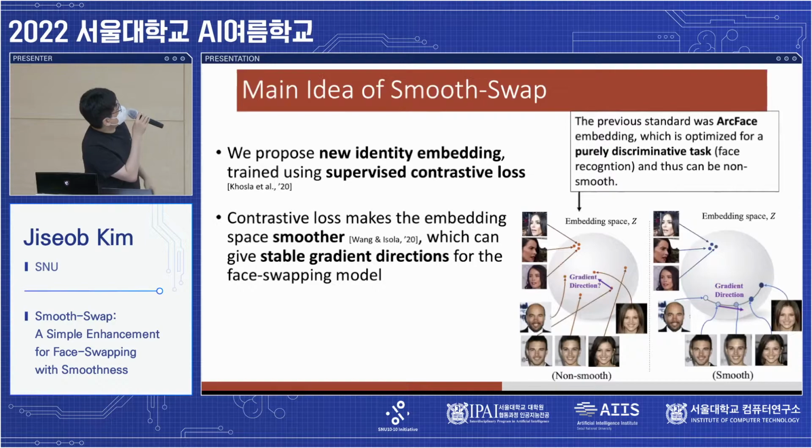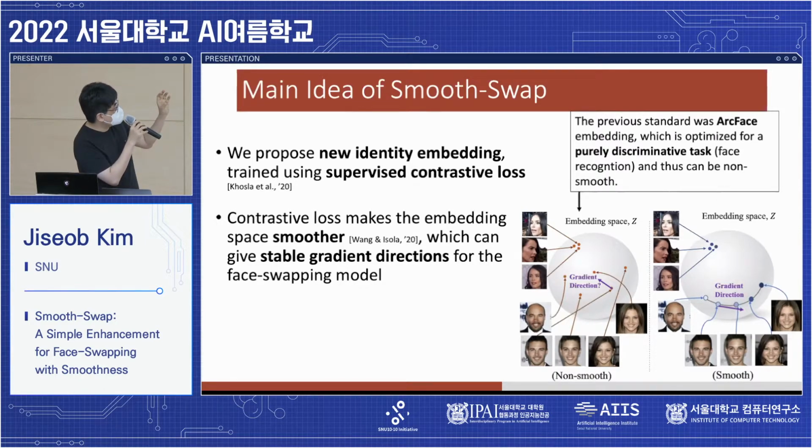Actually, the previous standard in face swapping was to use ArcFace embedding. ArcFace is trained for face recognition, and it's optimized for face recognition, which is a purely discriminative task. And there's a high chance that the learned embedding space can be non-smooth. As shown in the figure, on the left pane, this can be the situation in the ArcFace embedding space.